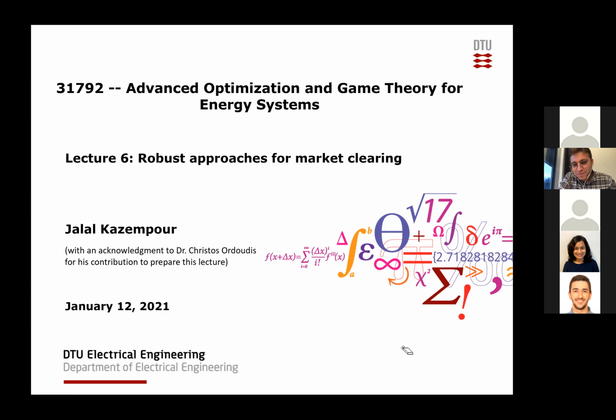I will use the same example as in the previous lecture: no network, 3 generators, where G1 is fully inflexible and G2 is fully flexible. Then we have a wind power unit, and we have an inelastic load to price. There's only one slight difference today.